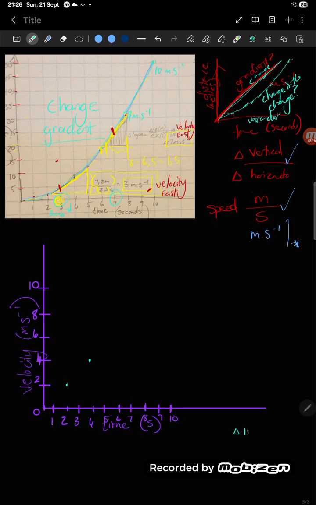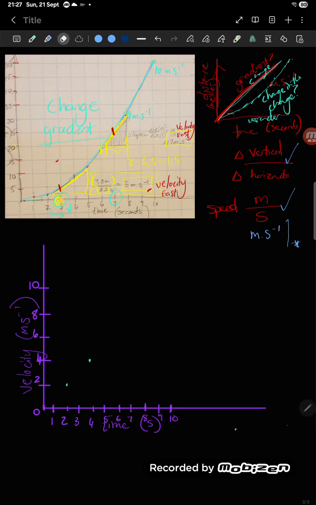The change is 1 meter per second in velocity. It's the rate of change. Rate means over time. So the rate of change of velocity at 1 meter per second would actually be acceleration.